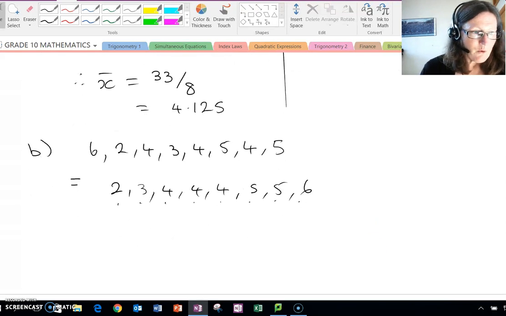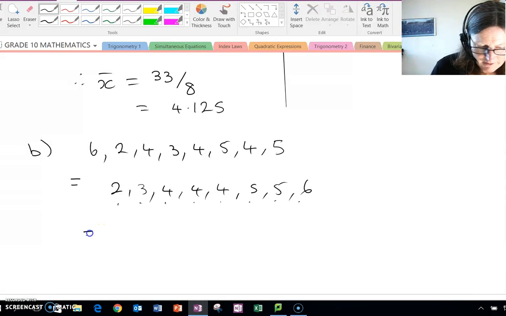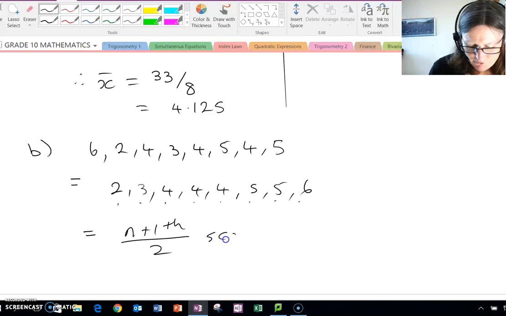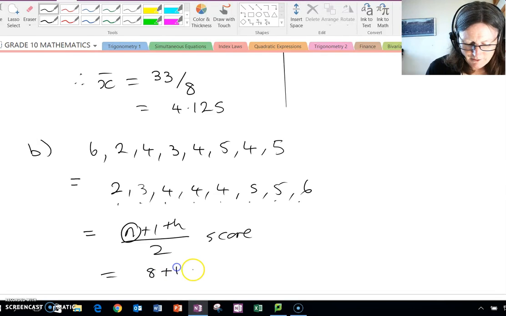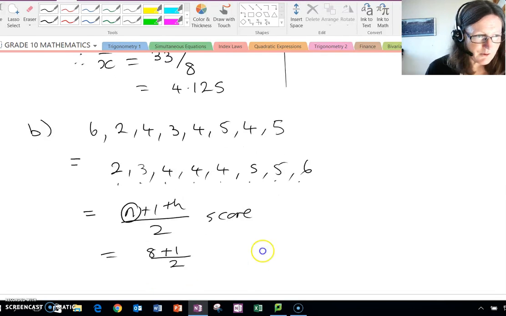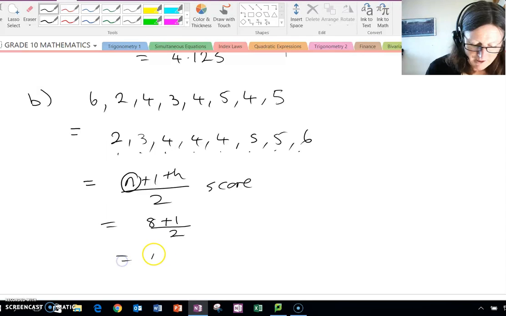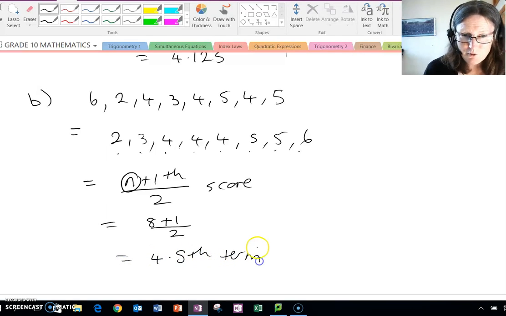For the median, it's the n plus 1 divided by 2 score. In other words, there's 8 scores, so 8 plus 1 divided by 2 means the median is the 4.5th term.